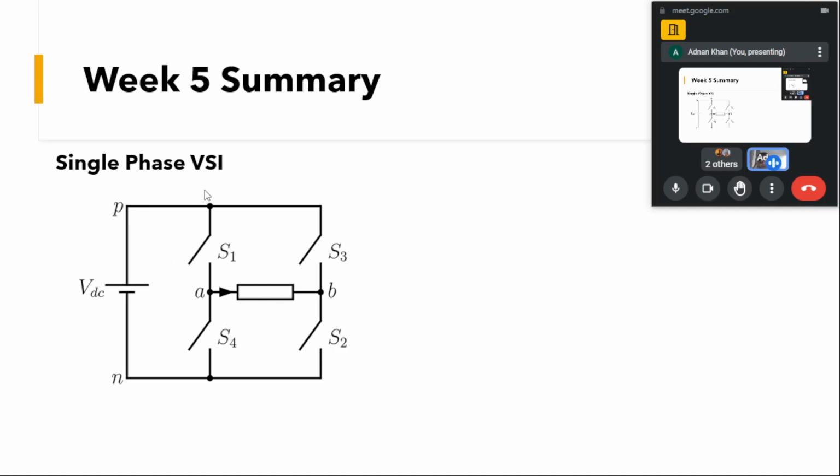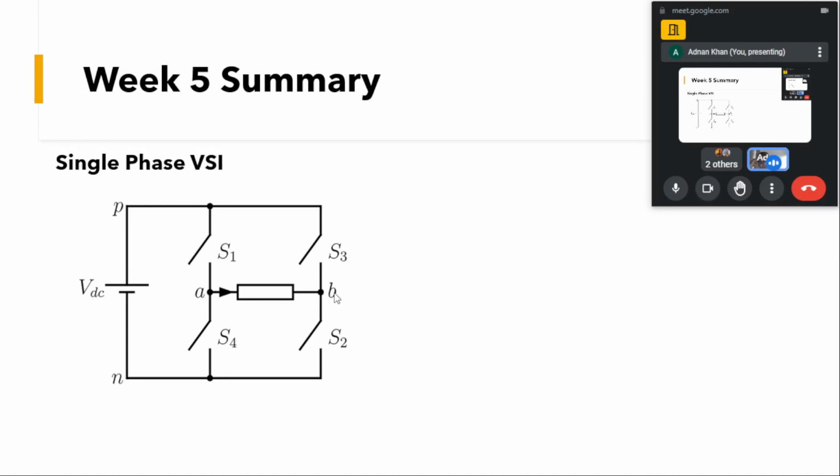Previously we saw that because of one leg, S1 and S4, we were able to achieve 0 and VDC voltage. Now if we want the VAB voltage, that will be equal to VAN minus VBN.